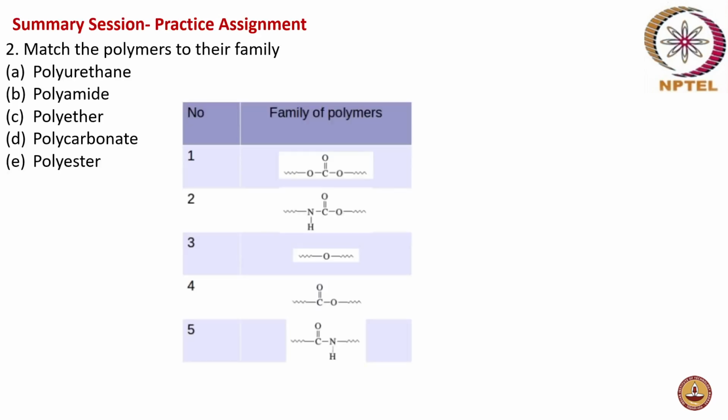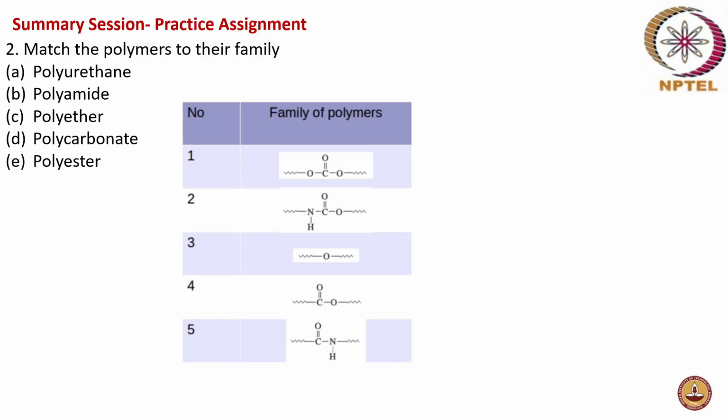Next question. Match the polymers to their family. So you have polyurethane, polyamide, polyether, polycarbonate and polyester, and their structures are also given. Now we have to match each of these. Which system will have a chain connected by O, C double bond O, O?